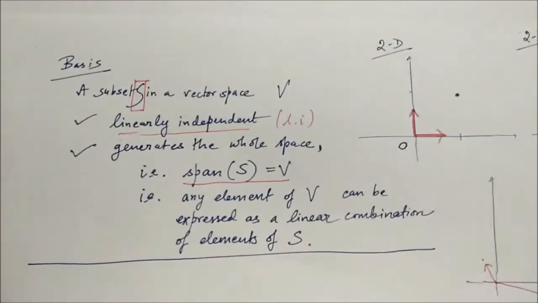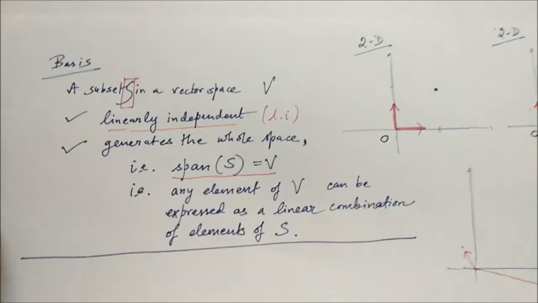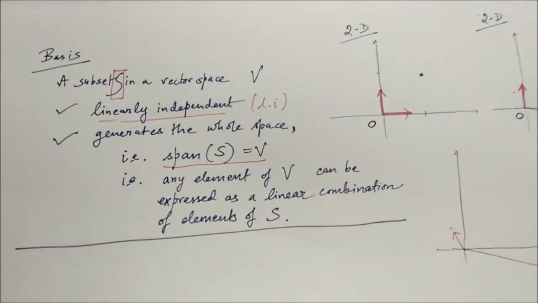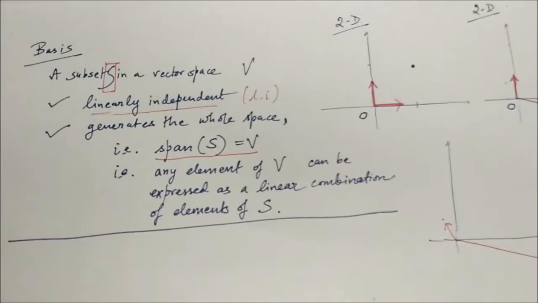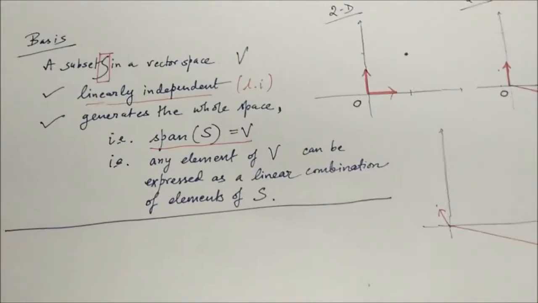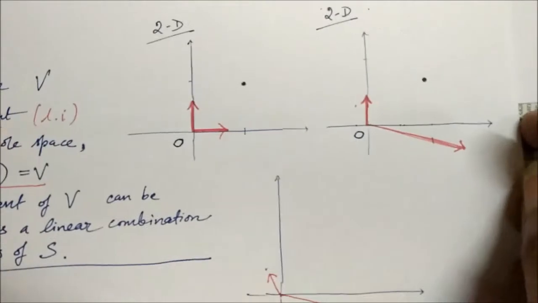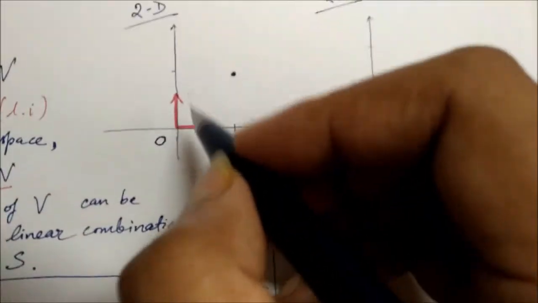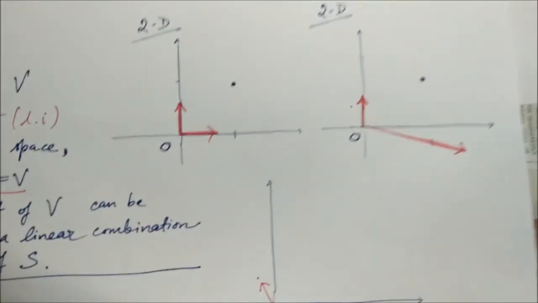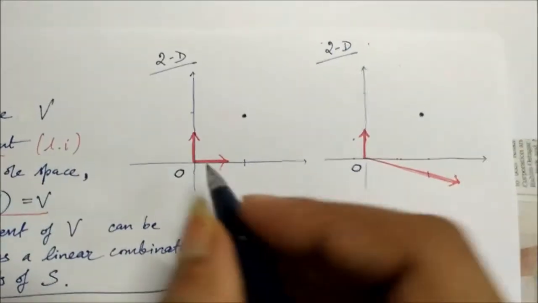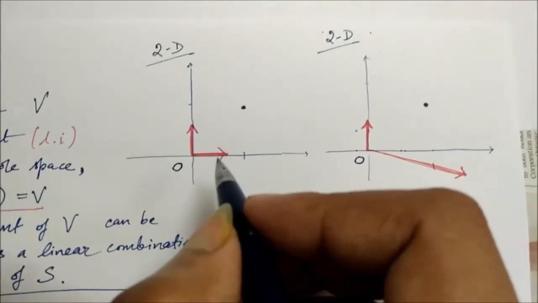Now, whenever I go through concepts like this, it's sometimes important to go back to the most simplified version that you can get. And what would that be? The 2D space in this case. Okay. So you already see I have marked two vectors. Can you identify them? Yes. This is the vector.